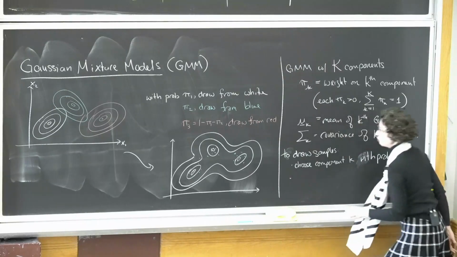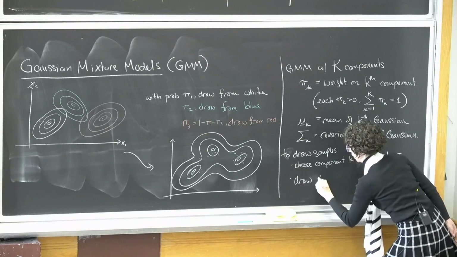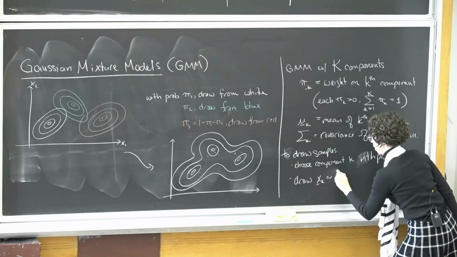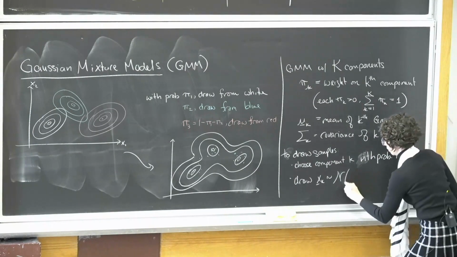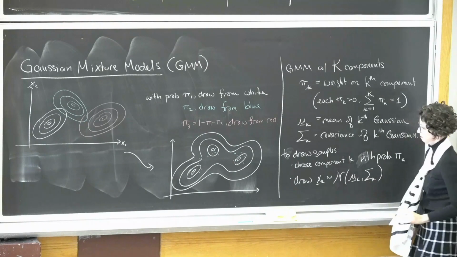And then, once we've chosen a distribution, we are going to draw x from the Gaussian with mean mu k and covariance sigma k.